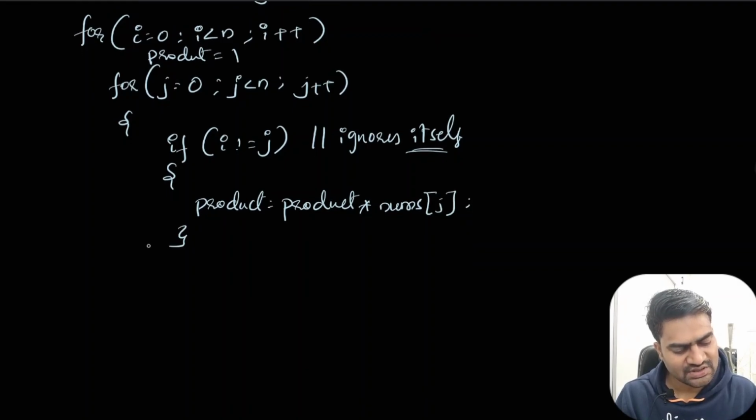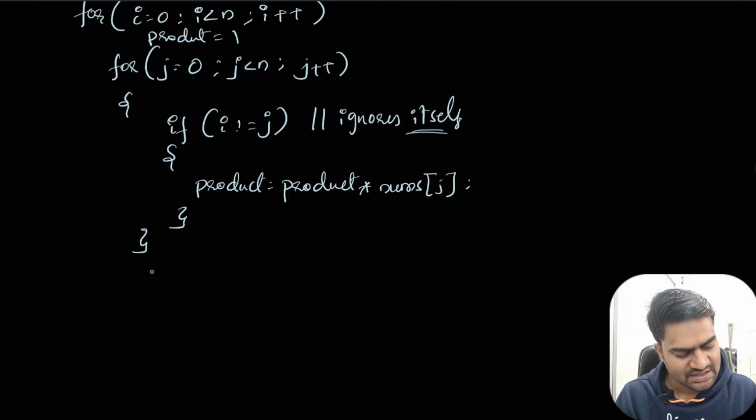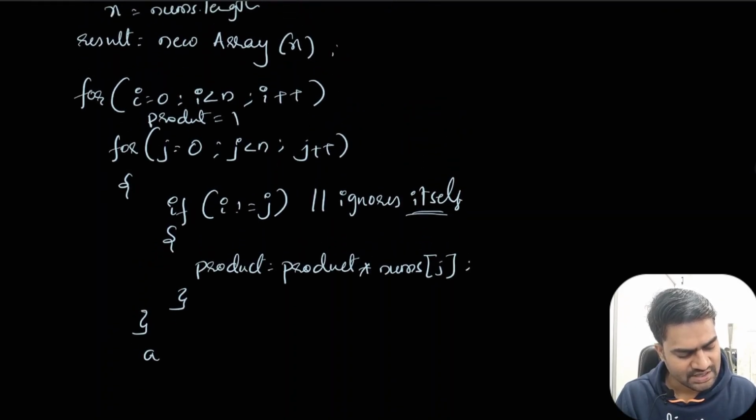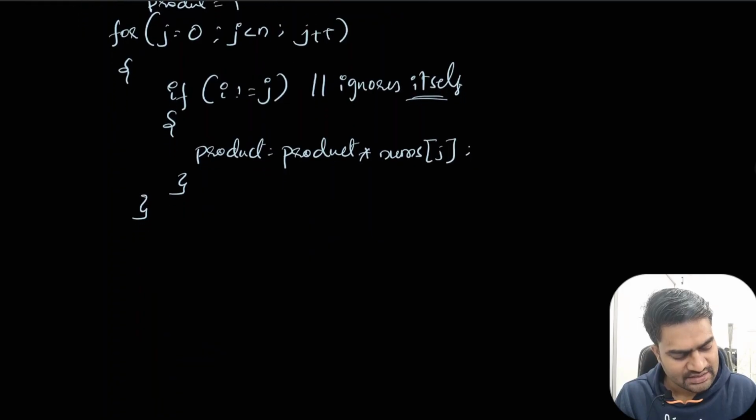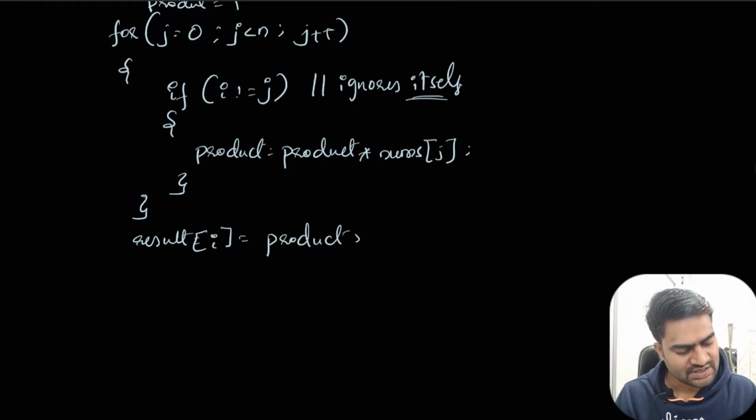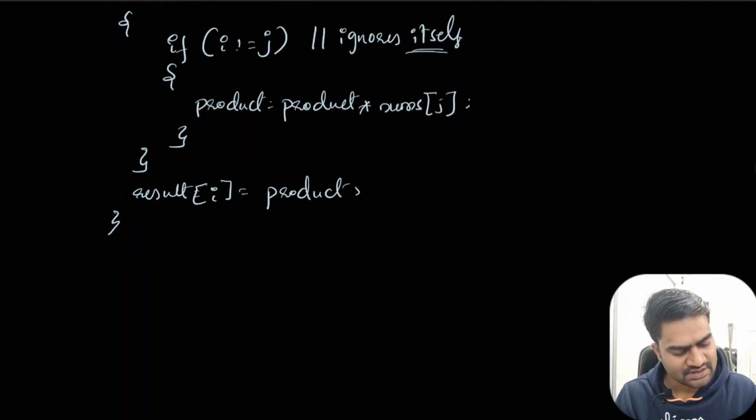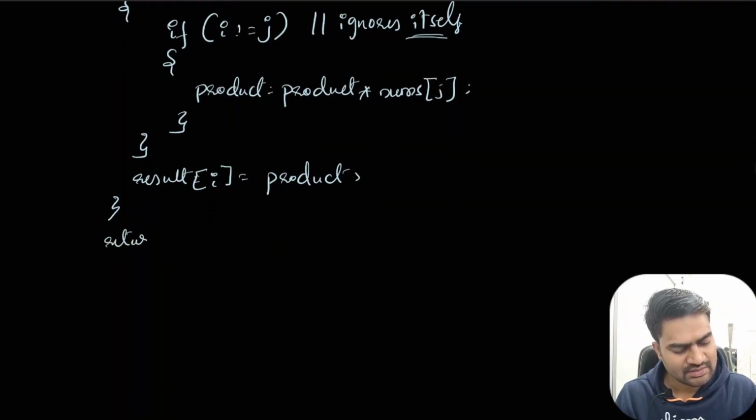Then at the end of the first for loop, I will say result of i equal to my product. So with this, finally I will return my result.